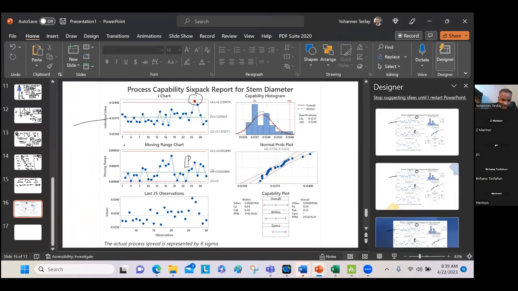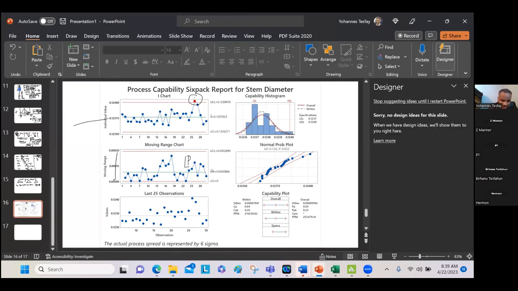The range goes from here to there. The next step: this is my lower specification limit and this is my upper specification limit. I'm going to study the distribution, the probability plot, to see whether it's normal or not. It's this one.